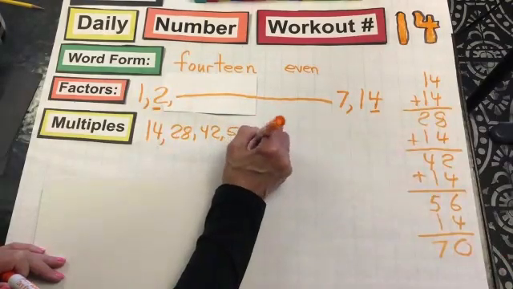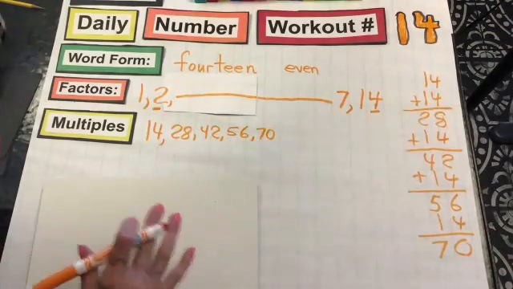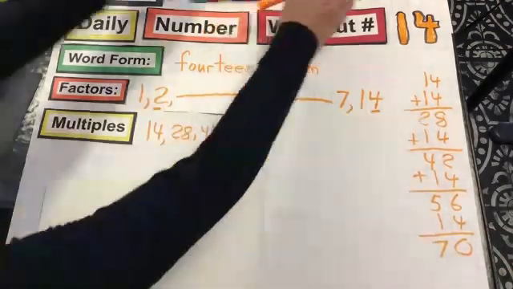Whoops, 56, 70. All right, and you can keep adding on like that.